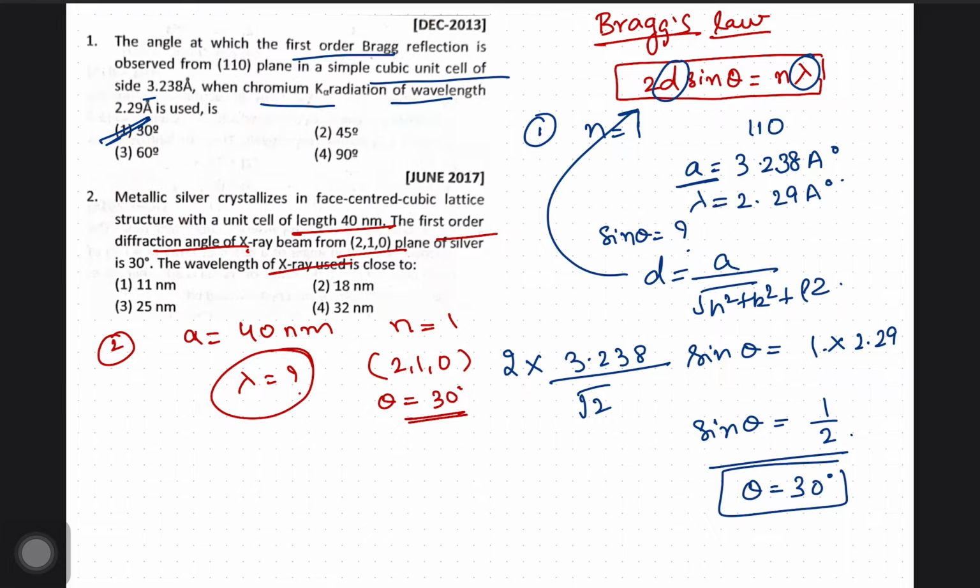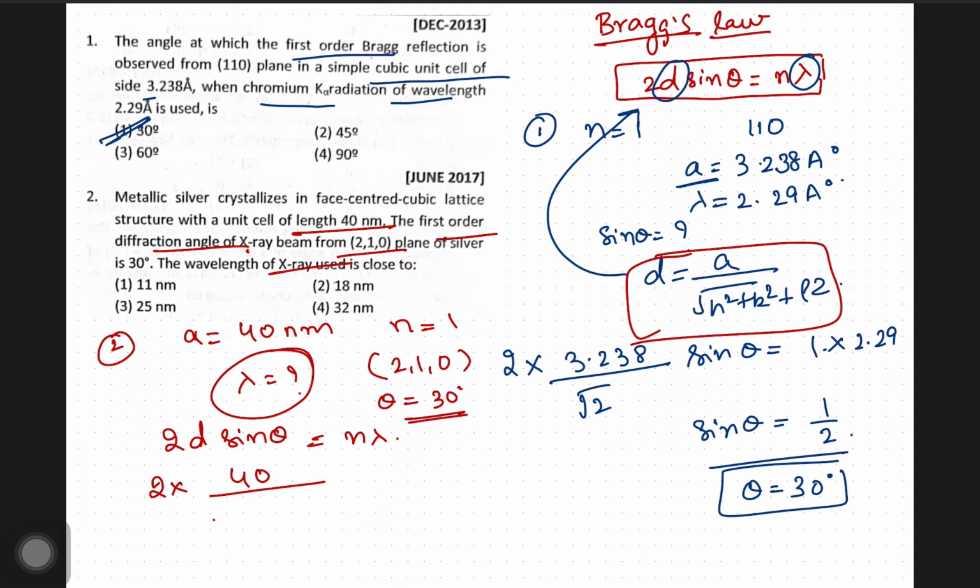Simple, you'll use the same formula, 2d sin theta is equal to n lambda. This one, 40 upon root of 2 square plus 1 square plus 0 square, sin 30 is 1 by 2, and n is 1, and you have to calculate the lambda.